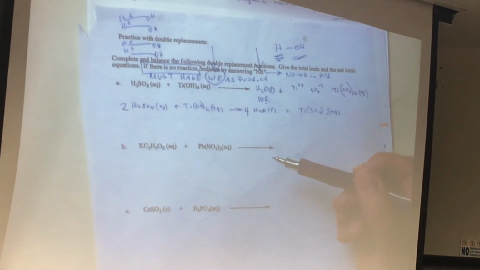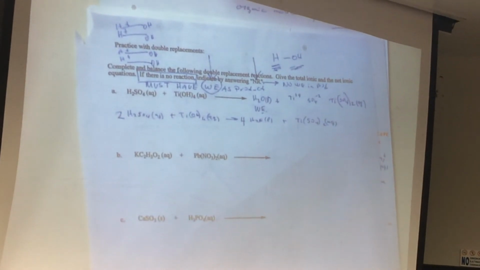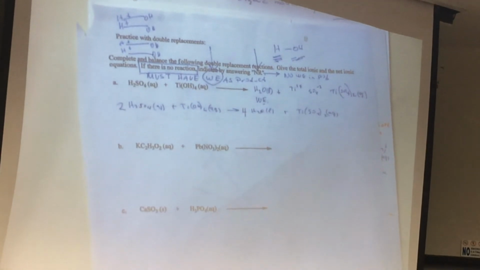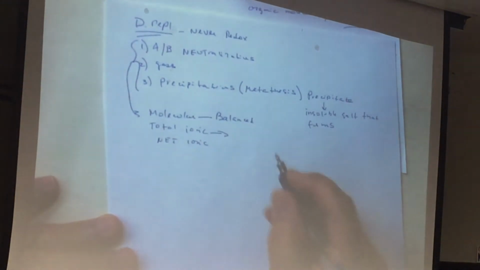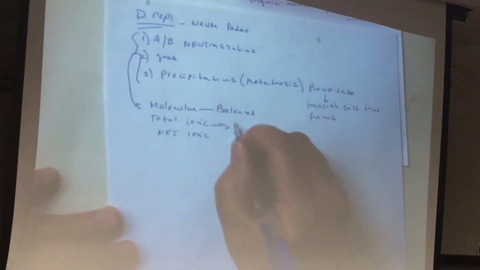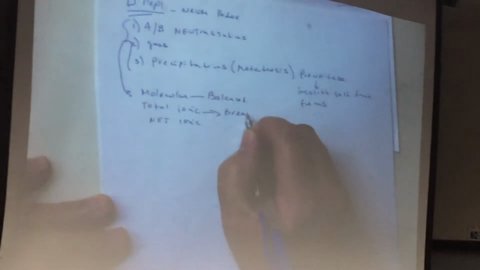Is that fair? Okay. Now that it's balanced, the next step is to write the total ionic equation. The molecular is the balance. The total ionic equation is written by following your own rules.